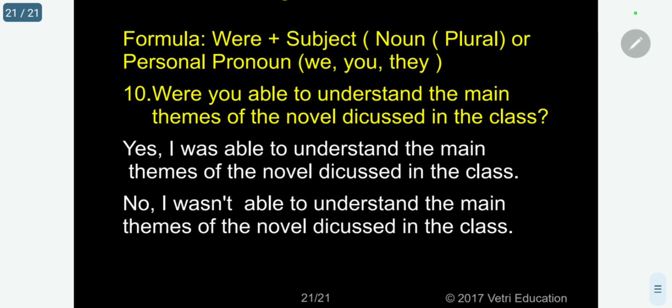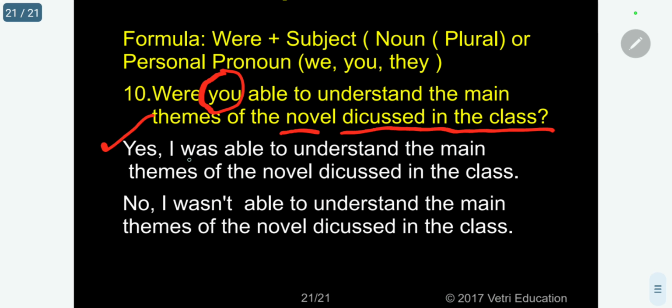Were you able to understand the main themes of the novel discussed in the class? Two possibilities. "You" is singular, so the answer you automatically have to convert to "I".